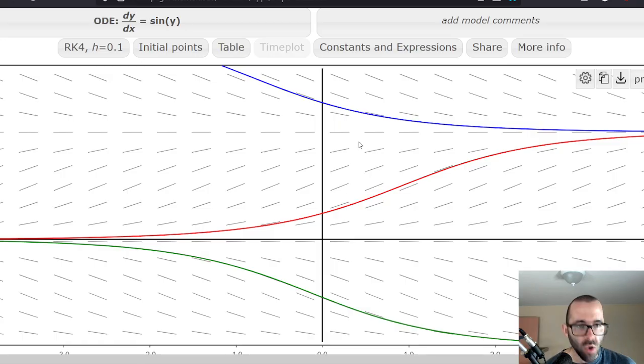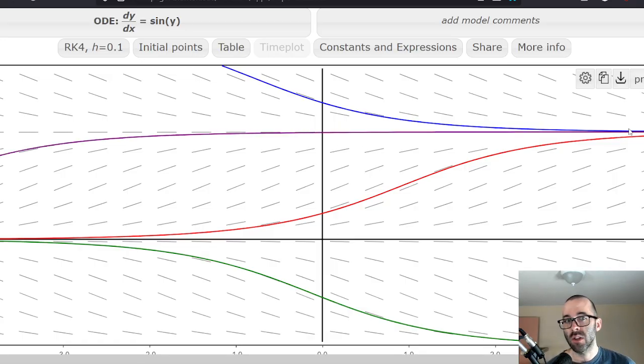These solutions will never cross each other. And there are equilibrium solutions that will get close to the other ones, but they'll never actually cross or touch. So this is an example. And again, we could check by taking the partial derivative, which is just cosine of y. We know this is guaranteed a unique solution no matter our initial condition. So again, uniqueness is not the same thing as a vertical line test. Uniqueness is more about solutions crossing.